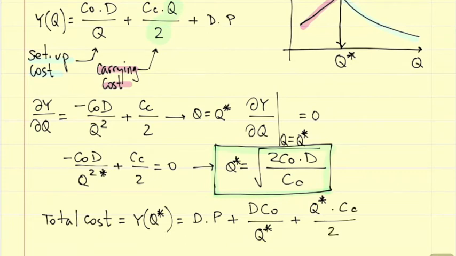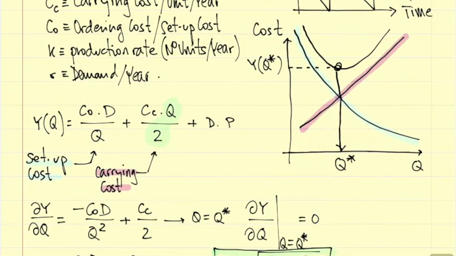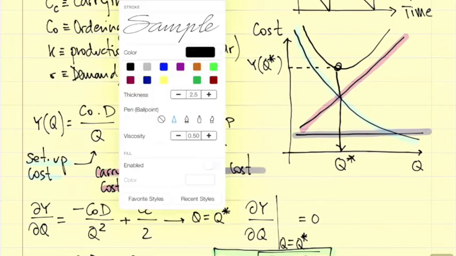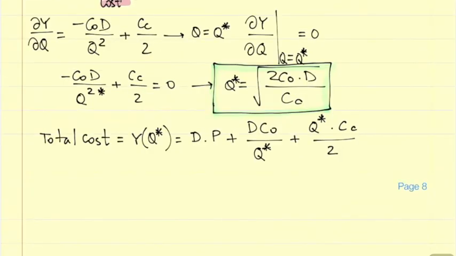This D times P is just a constant, so usually I don't paint it, but let's paint it. It's just a purchase, okay? Demand times price is the purchase cost. So we know the total cost follows this equation.